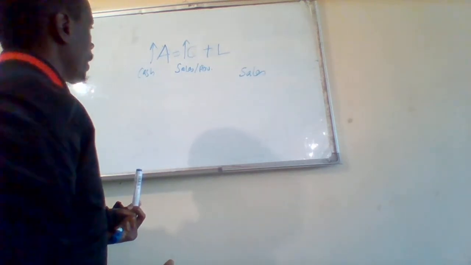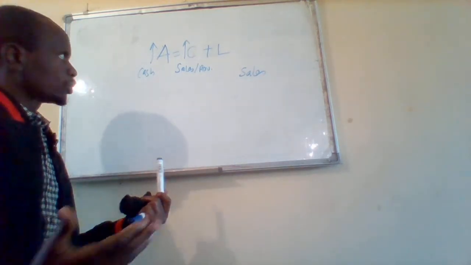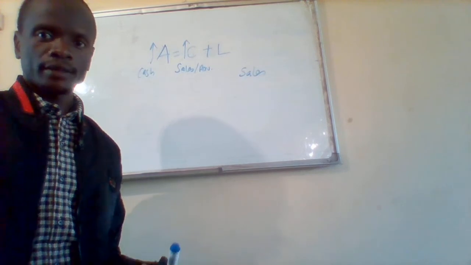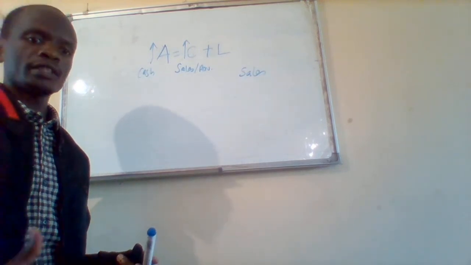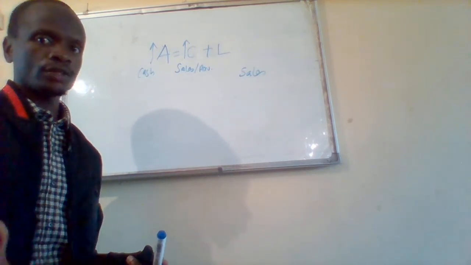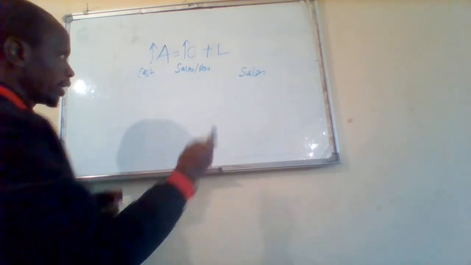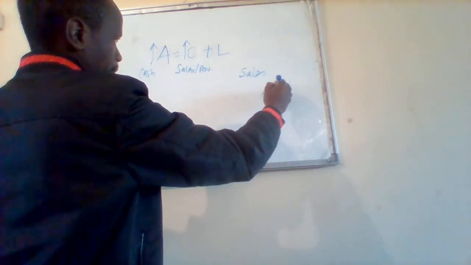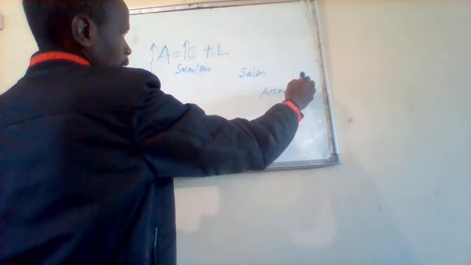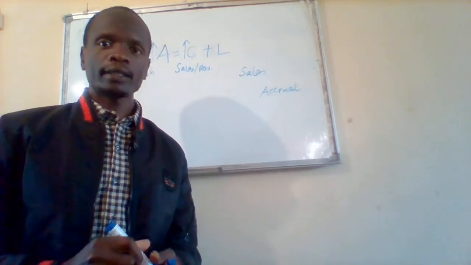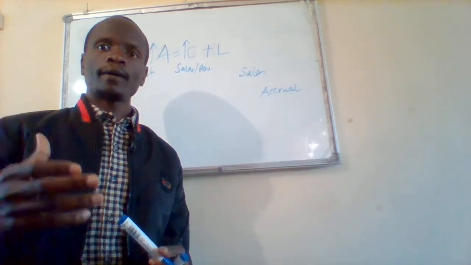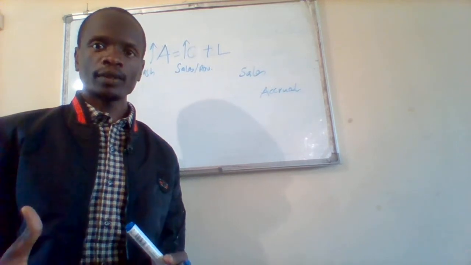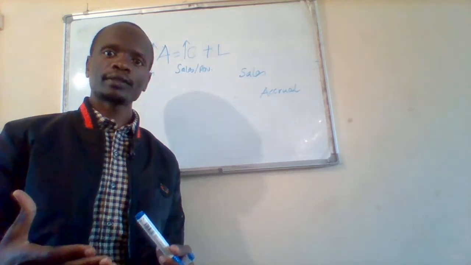Okay. Now, what if you sell these books on credit, which means you have not received cash? If you remember the accrual concept, revenues are recognized when they're earned, not when cash is received.